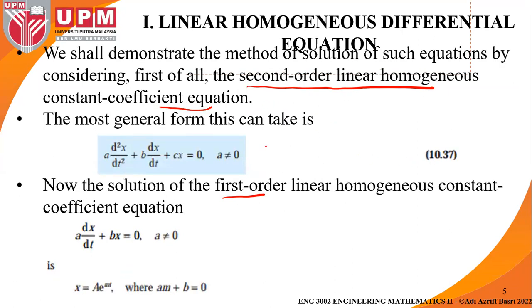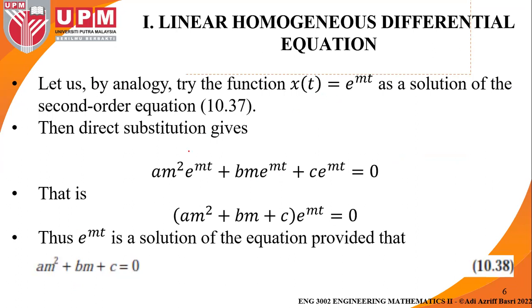So we change this to x(t) equal to e^(mt). Automatically, the equation becomes am e^(mt) plus bm e^(mt) plus c e^(mt) equal to 0. Simplifying, it is (am squared plus bm plus c) e^(mt). This is the general equation.